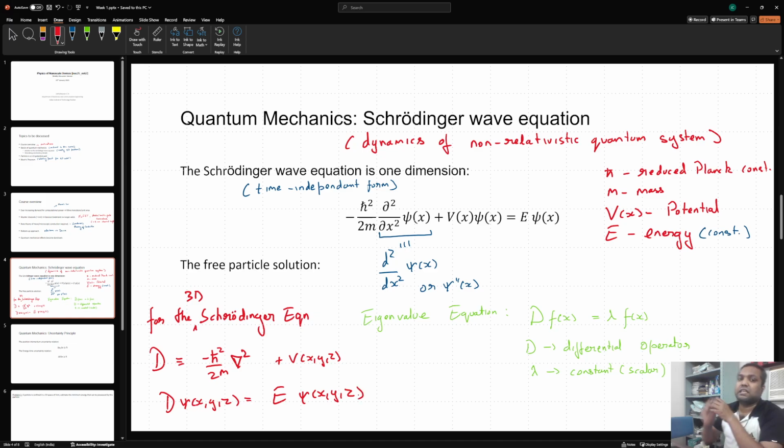So this is the general three-dimensional form of the Schrodinger equation, and it is because of this that I wrote the second order partial derivative here. However, since we are only looking at the 1D case, this becomes equivalent to this because the other two position coordinates are irrelevant. So, as mentioned in this slide itself, we shall look at the free particle solution.